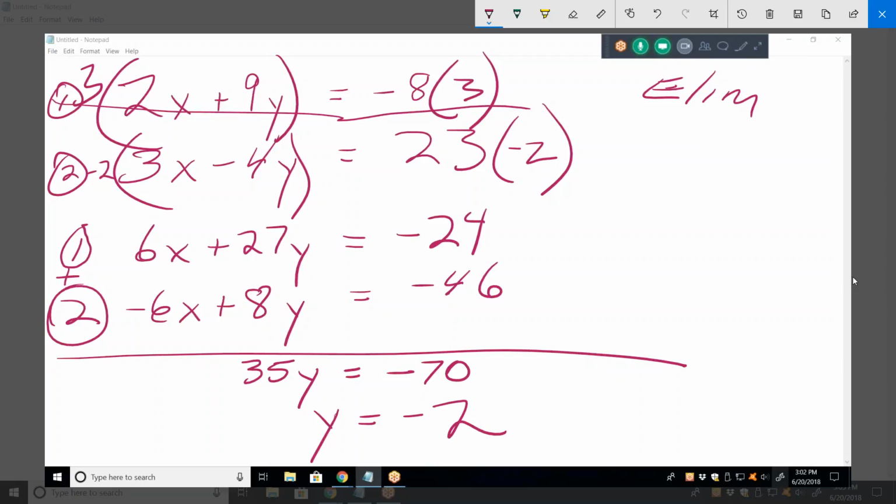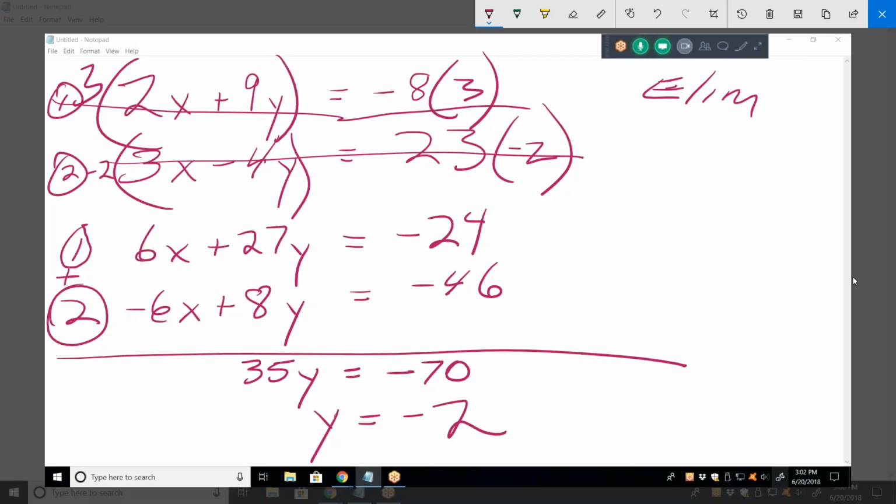Now, how do you solve for x? I can substitute -2 in for y in whatever is the easiest equation. Even though I ran a line through them, I really shouldn't have done that, because you generally want to go back to the simplest equation, which is going to be the original 1 or 2.